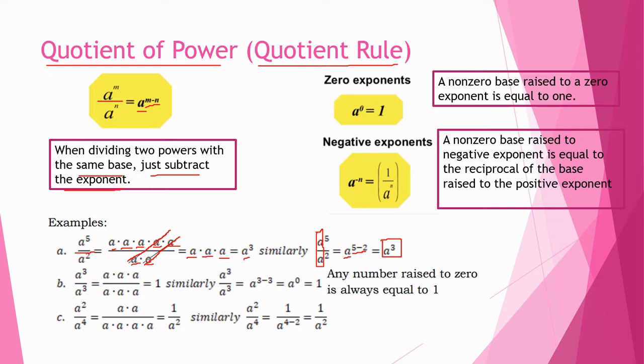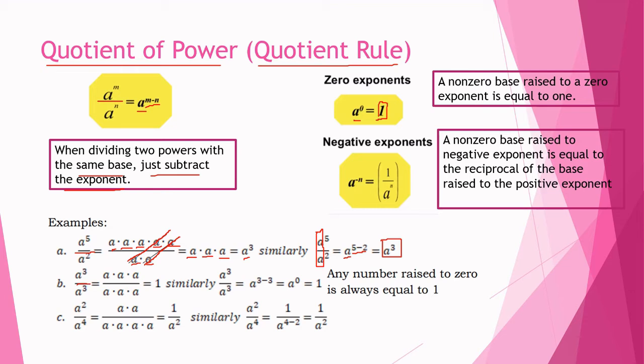Next is the zero exponent. A non-zero base raised to a zero exponent is equal to 1. So sa madaling salita, any number raised to 0 is always equal to 1. For example, a cube divided by a cube.